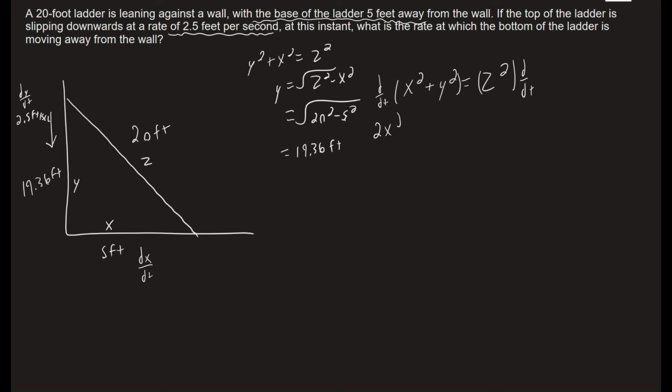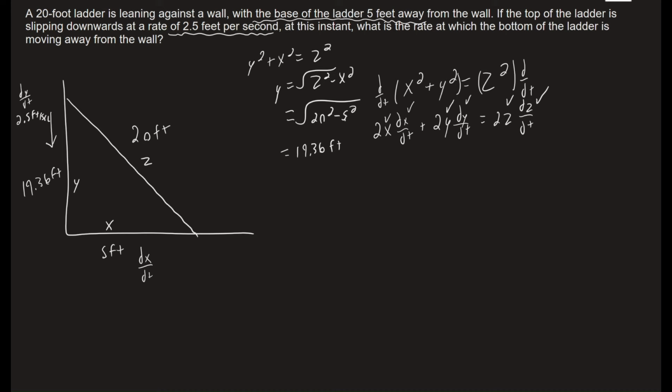We're left with 2x dx over dt plus 2y dy over dt equals 2z times dz over dt. So we have x, which is 5. We're looking for dx over dt. We have y. We have dy over dt. We have z, and we actually do have dz over dt.